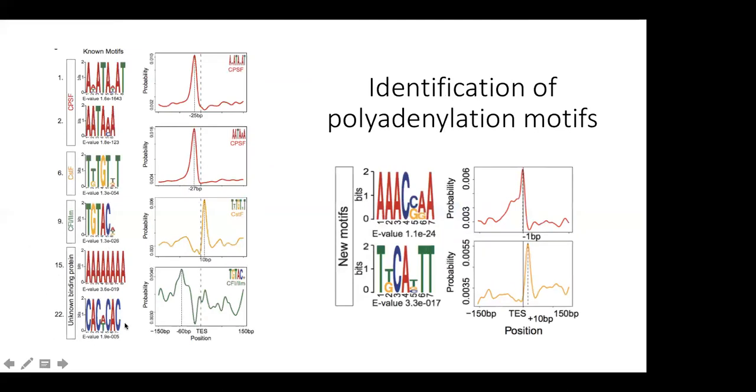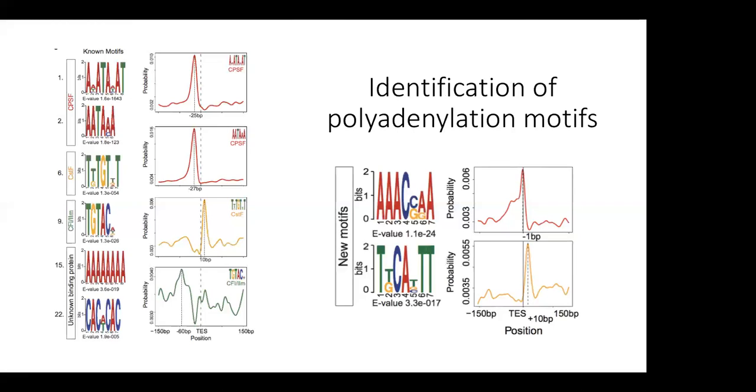We also call motifs that were previously identified in another study, but surprisingly, since we sequenced 80 lines, you can say that we have a huge depth of sequencing of the 3' end, and we also call some other new motifs that were not described before, with some positional enrichment, or location, sorry, position, with a precise location in comparison to the TES, the transcription end site.